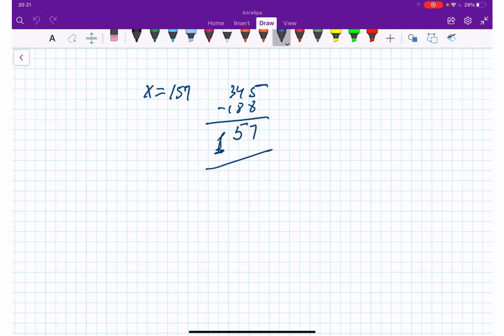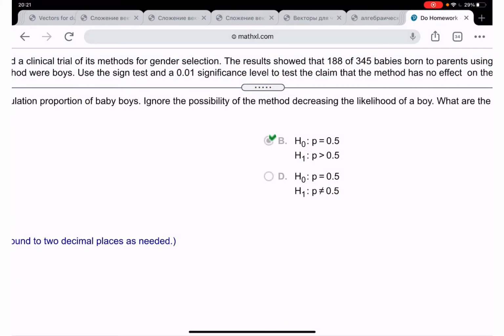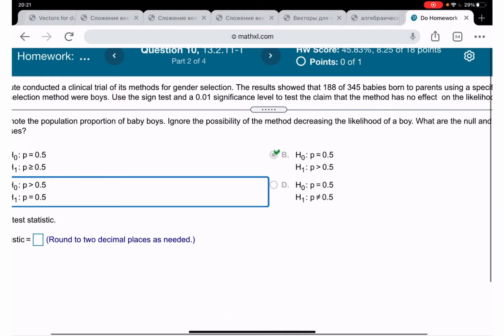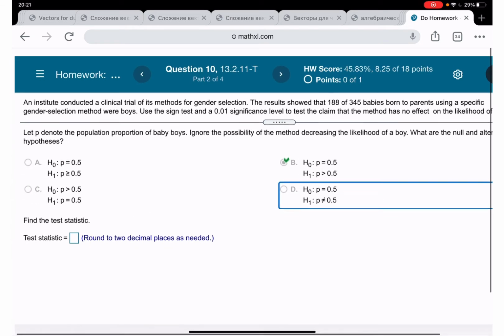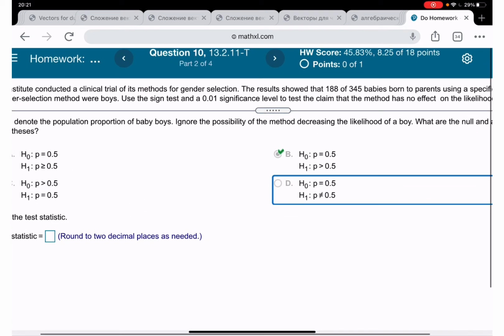188 positive signs and 157 negative. Why did we take it this way? Because 188 were boys, and it's based on their claim. The clinical trial will help them to get more boys than girls.